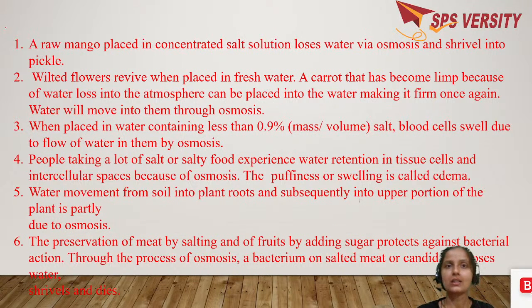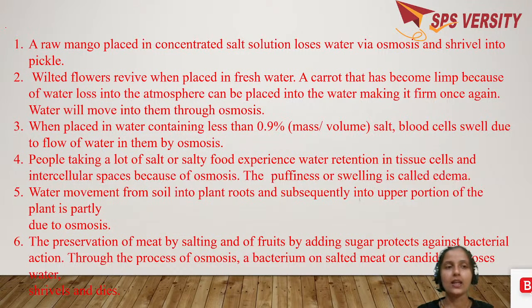So wilted flowers revive when you keep them in water, because the dilute solution, that's water, moves through the semi-permeable membrane, that's the cell membrane, inside the cells. And also if you have vegetables like carrot or beetroot which have become limp, they are shrunk. If you place them in water for some time, then they'll become normal. This is again because of osmosis.